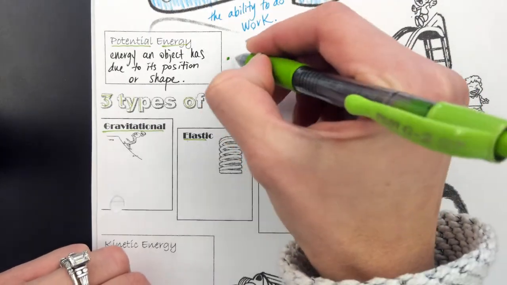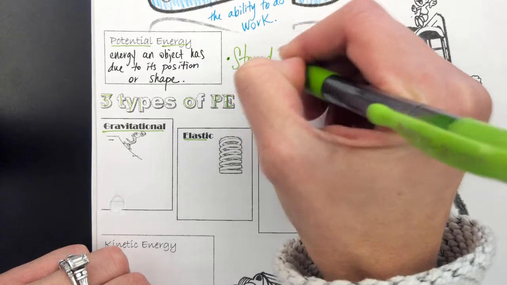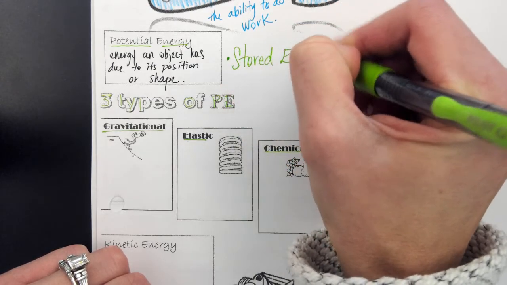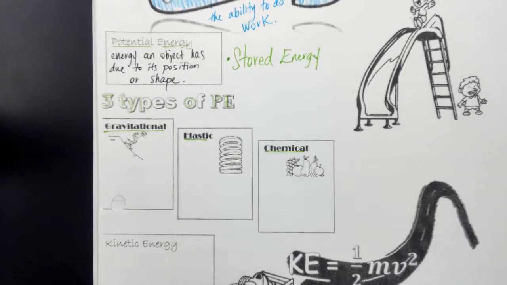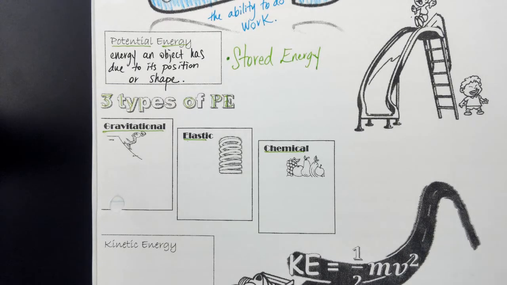They also call this stored energy, because if it's stored up, then it's just waiting to be used. Does that make sense? You don't have to know the formula for this one, so I'm not telling it to you. Yeah, when your Christmas stuff's stored in your attic, it's waiting to be used. That's a good example.